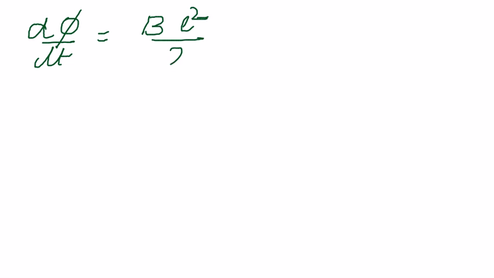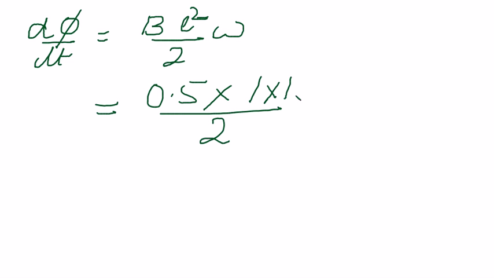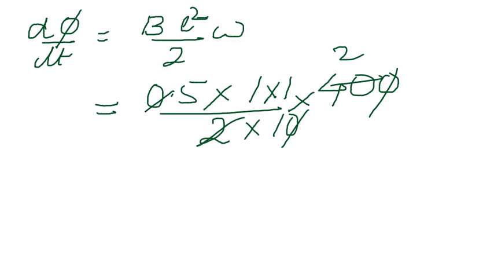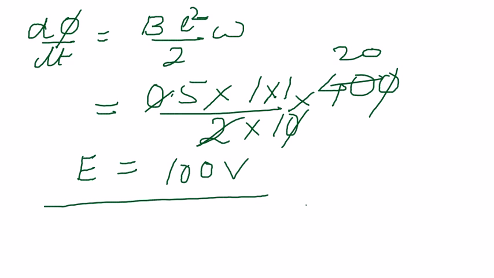We put the values of B as 0.5, L as 1 meter into 1 meter by 2 into omega, which is 400 rad per second. So take off the decimal and put a 10 over here, cancel, and it comes to 100. So induced EMF is equal to 100 volts.